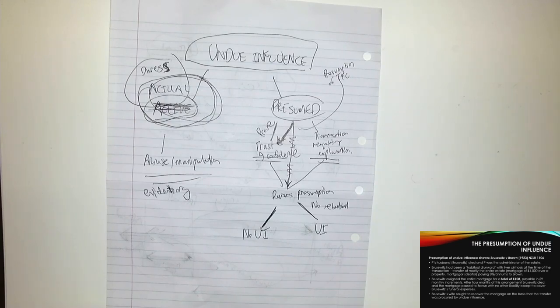So one case in New Zealand is Brozovitz and Brown. You've got two friends here, Brozovitz and Brown. And the wife of Brozovitz brings the claim because she was the administrator of her husband's estate. And the problem was that he had a problem with alcoholism and liver failure and all those kinds of things.